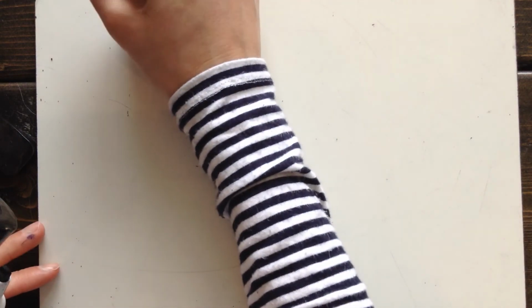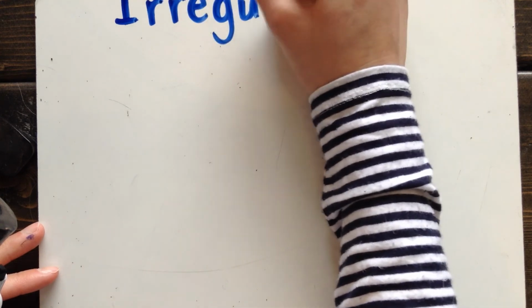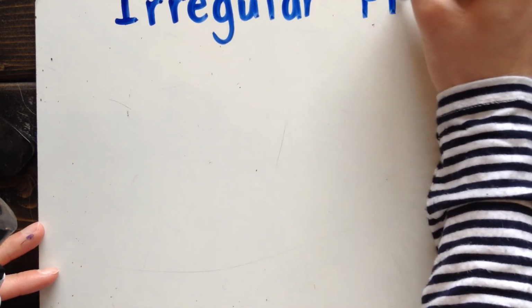The last thing we're going to look at today with regard to plurals is the fact that some plurals are irregular. They don't follow any rules. English is a crazy language. Here are some examples of irregular plurals.